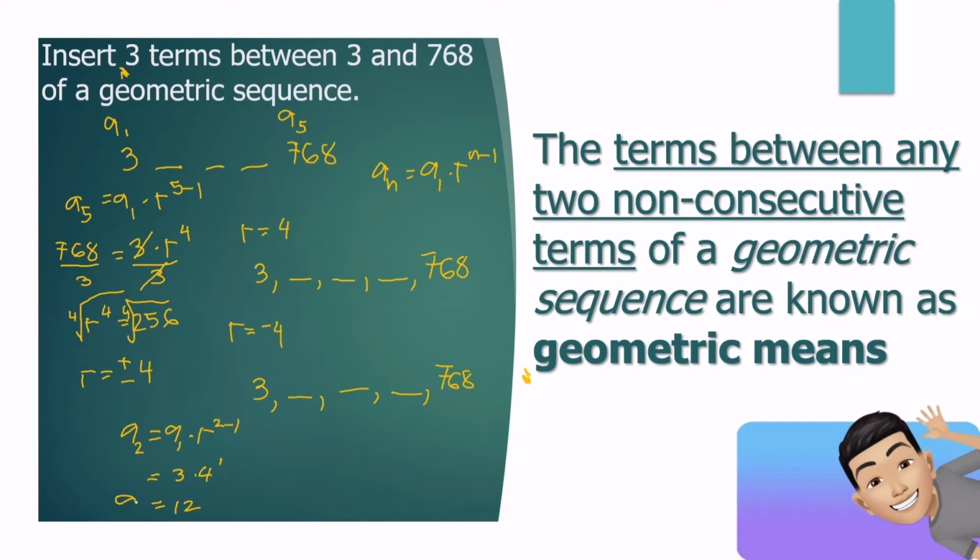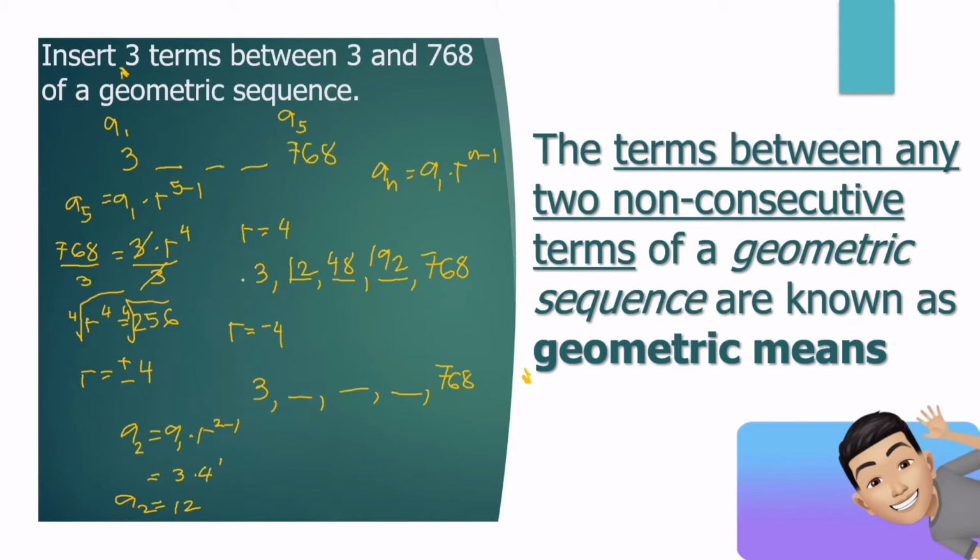That is A sub 2. And then, we just need to multiply it by 4 again. So, may 48 tayo dyan. And another 4, kaya 192.